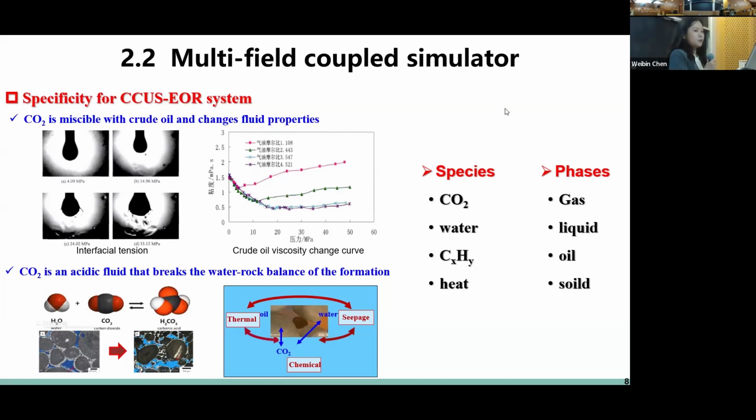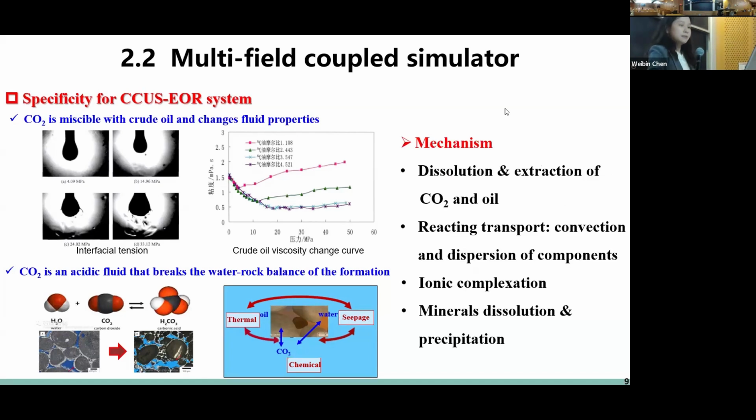From the modeling scope, we need species like CO2, water, hydrocarbon, and heat to describe the non-isothermal process. The phases need to include gas, liquid, oil, and solid to describe the rock. We also need to consider mechanisms like the distribution and extraction of CO2 and oil, and reactive transport, including convection and dispersion of components, ionic complexation, mineral dissolution, and precipitation.